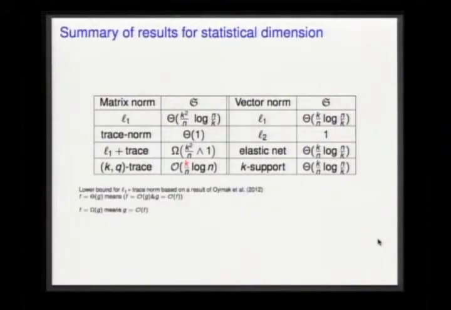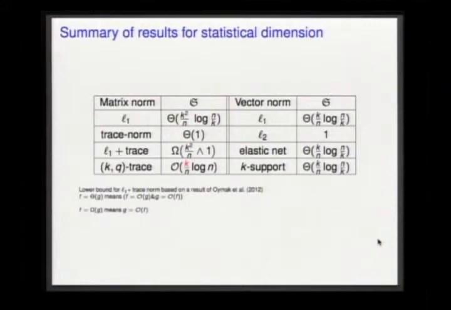And this factor log n is there also tightly in case where we vectorize the norm and we look at the K-support norm's statistical dimensions. So we know that we don't hope to get rid of the log factor. It has a combinatorial reason to be there, but we have a lower bound which is only of the order of k over n. We don't have a k over n times log n lower bound.